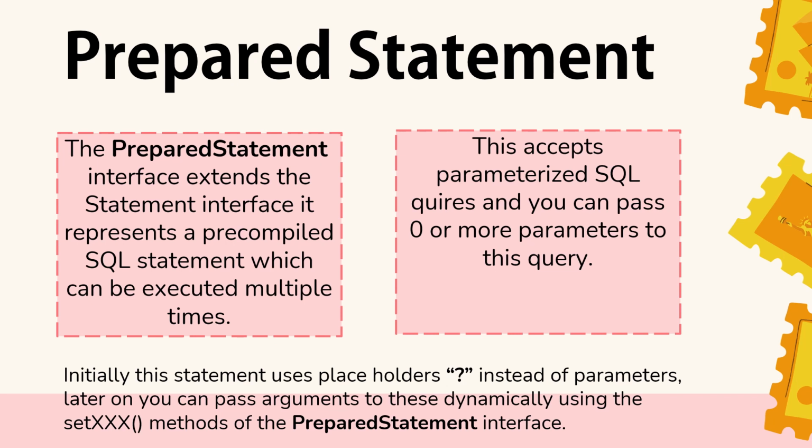These are the steps involved in using a prepared statement. You need to create the prepared statement, and then you use the setter. Let's say if it's a string, set string, set int, set double, something like that. After which you need to execute the query, execute update. That's it.